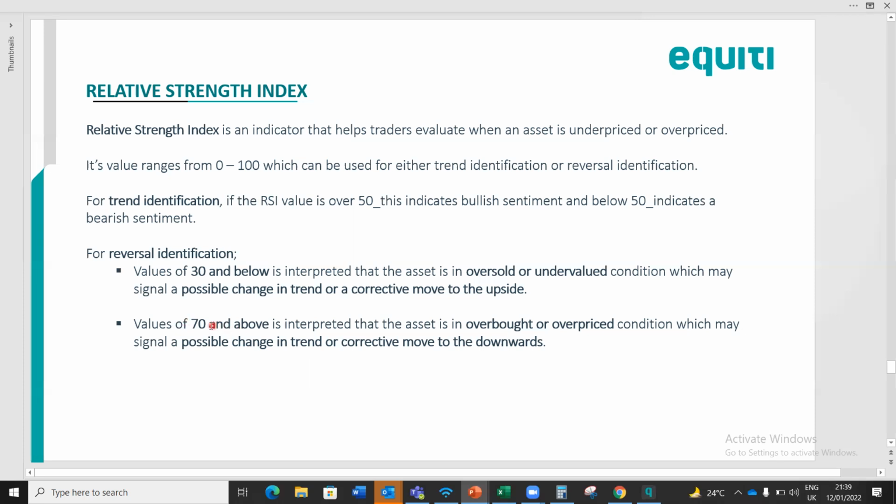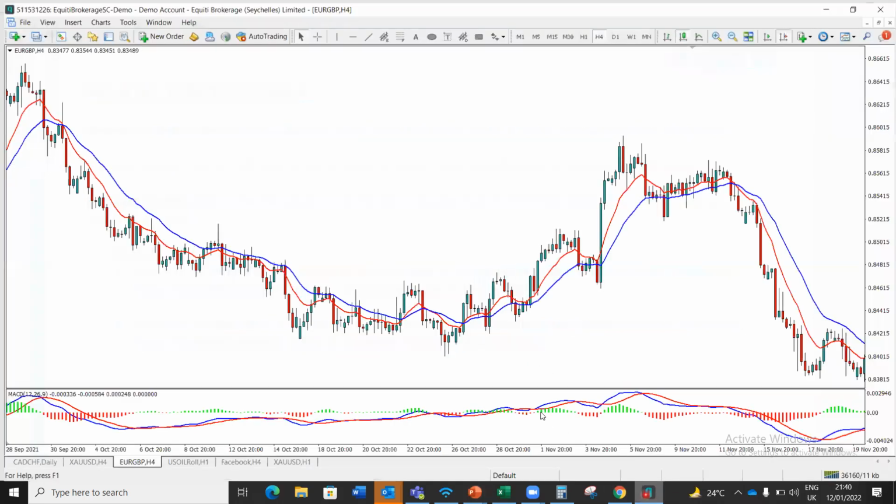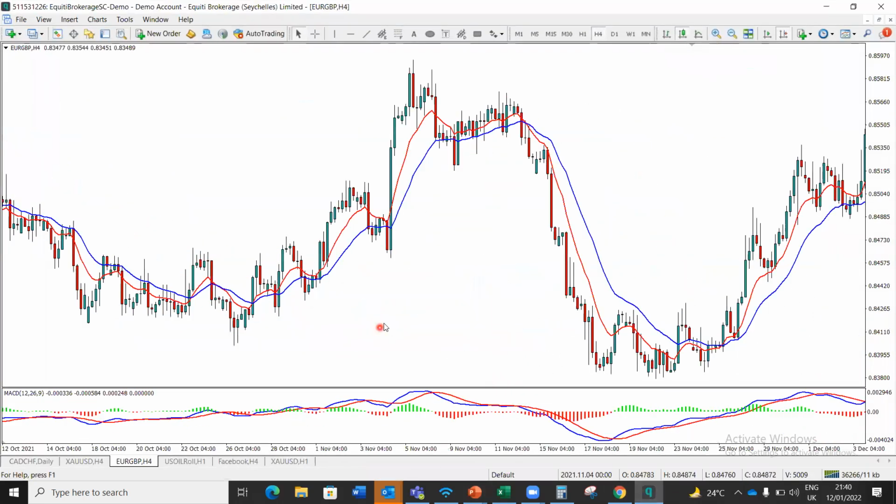And if the value of the RSI is 70 and above, it is interpreted that the asset is in an overbought or overpriced condition, which may signal a possible change in trend or a corrective move to the downside. So let's quickly have the RSI, and then we will see how it works.